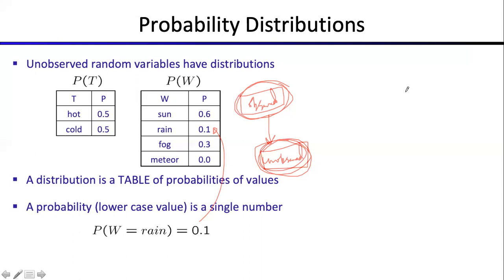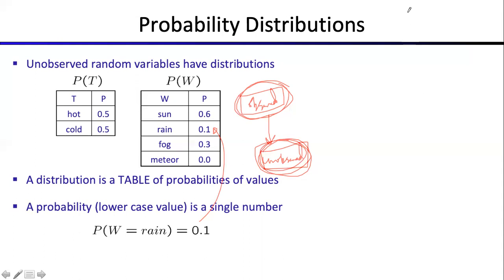Therefore, you'll have a set of probabilities, and that is what you call the distribution. Probability distribution could be for observed variables as well as unobserved variables. The probability distribution for observed variables is known to you, and from there you will try to infer the probability of occurrence of some unobserved variables. Okay, so that's what we have covered so far.